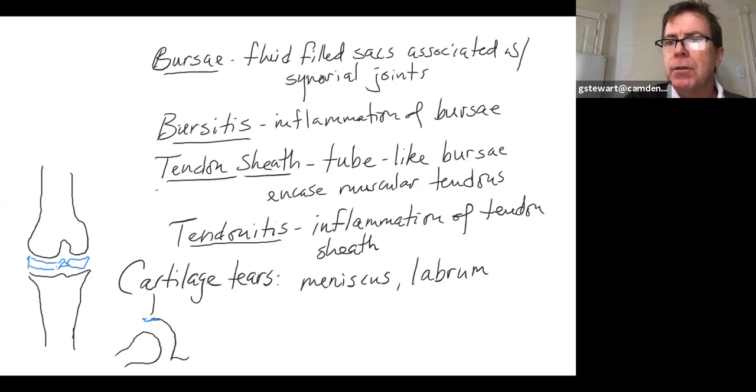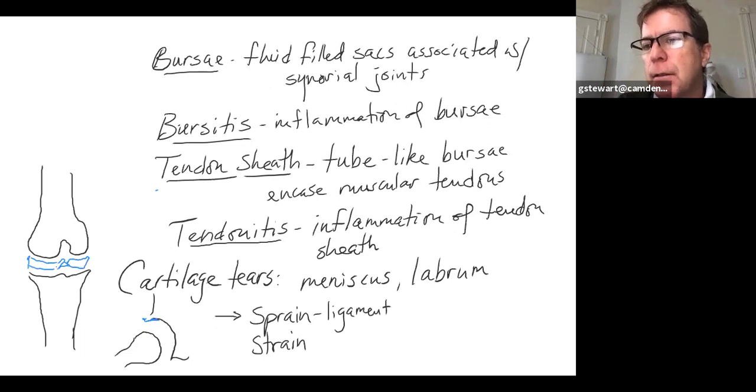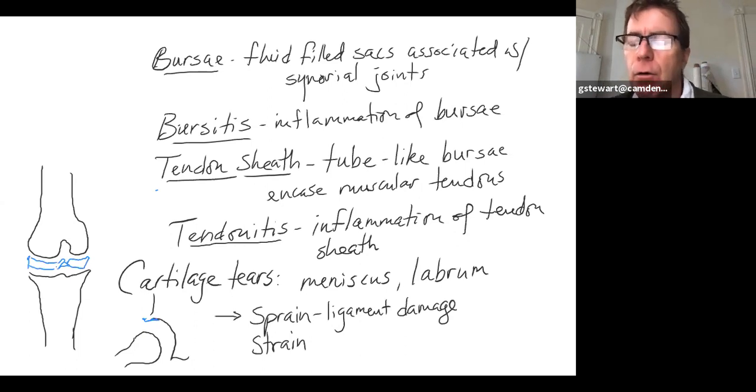Now, I also want to highlight the difference between a sprain and a strain. A sprain is the more serious of the two injuries. A sprain is when there's ligament damage to a joint, either overstretching or tearing of the ligaments.